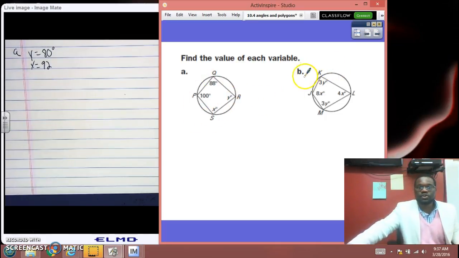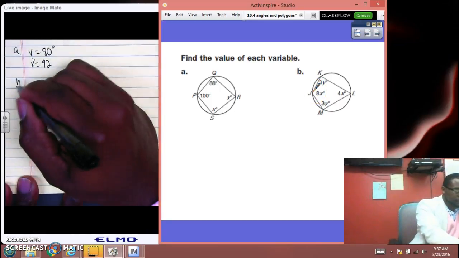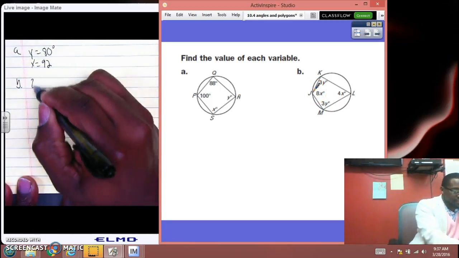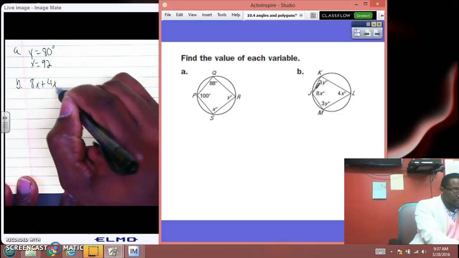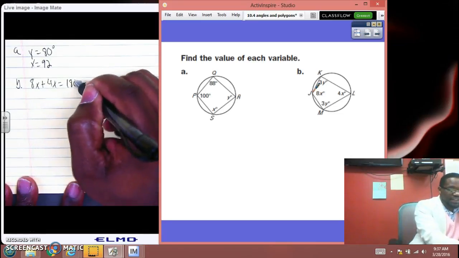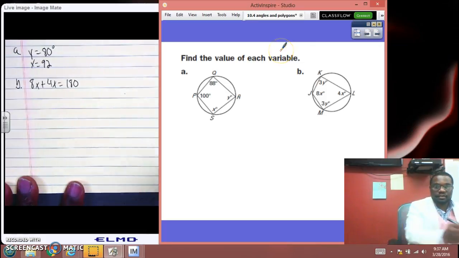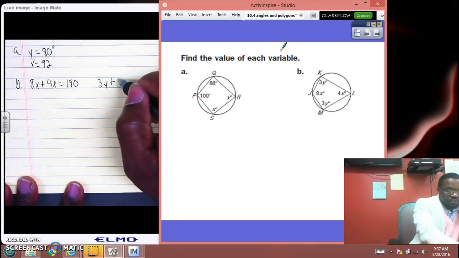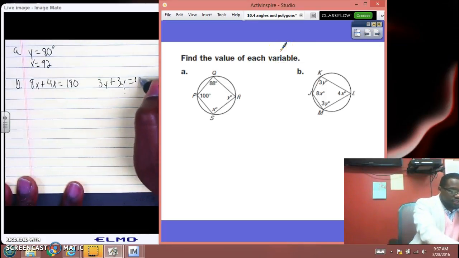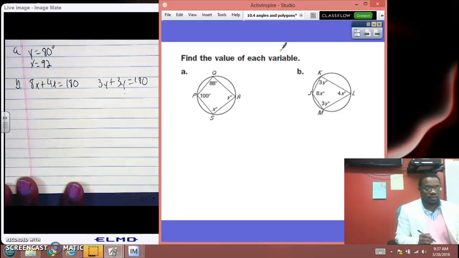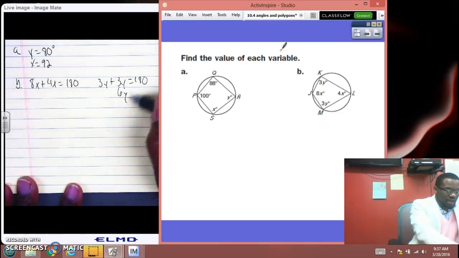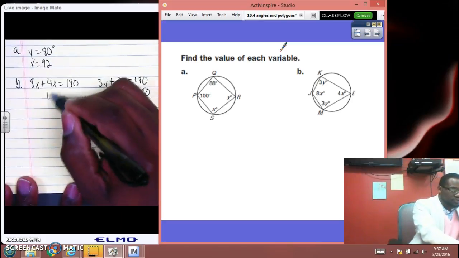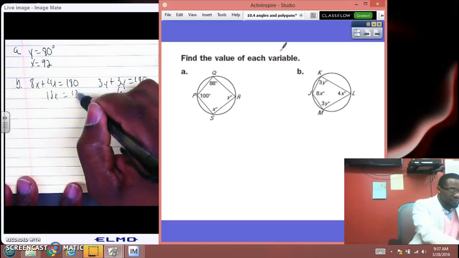Alright. So how do I find X and Y here? Well, the key is understanding in B that 8X plus 4X equals 180. That's the rule. And 3Y plus 3Y equals 180. That's the rule. So this is 6Y equals 180, and this is 12X equals 180.